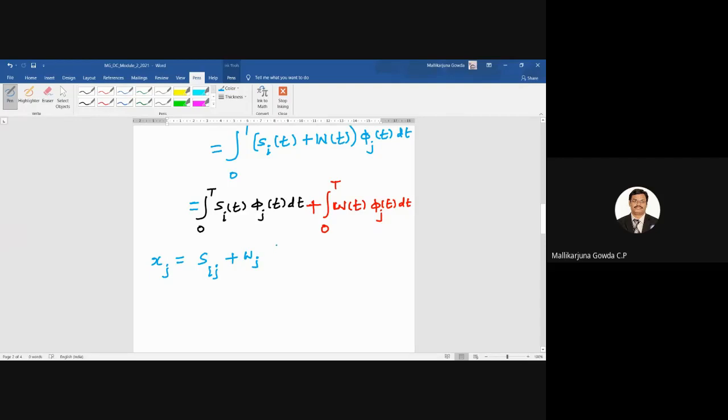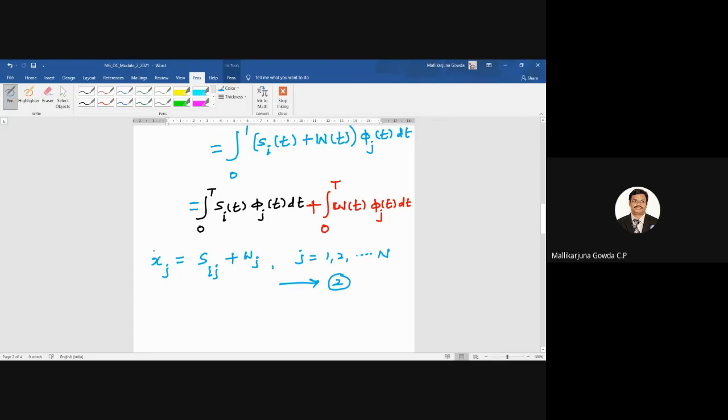Is this fine? So I am denoting Sij and Wj, where the value of j can vary from 1 to n, 1, 2, and so on up to n. Let me call this equation 2.